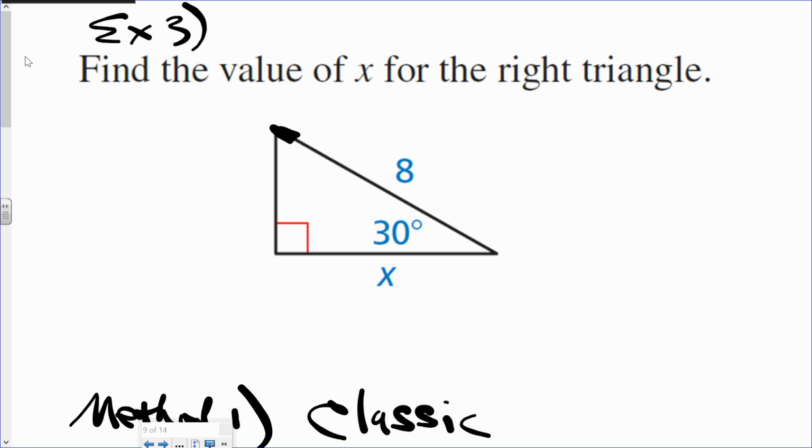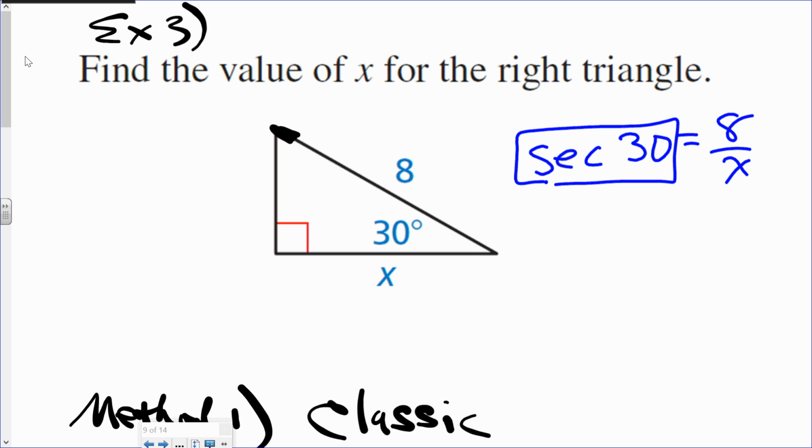Notice Garcia saying, what about the secant of 30? Secant of 30 is, instead of adjacent over hypotenuse, hypotenuse over adjacent. And then you can get the secant of 30 from your table. What was the secant of 30 on the table, Garcia? 2 rad 3 over 3.